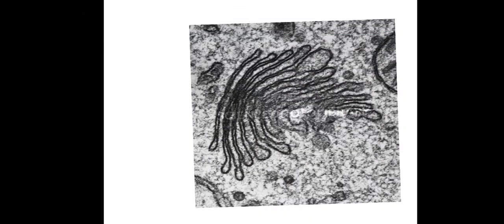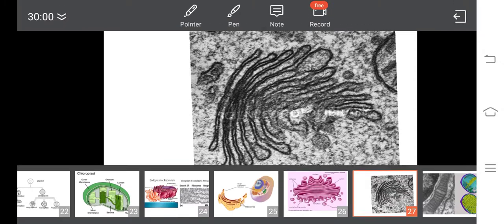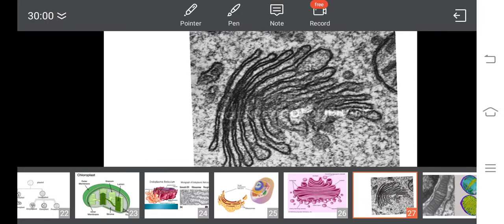Okay, so this is the micrograph of the Golgi apparatus, where you can see the cisternae, the tubules as well as vesicles. So this is regarding the Golgi apparatus.